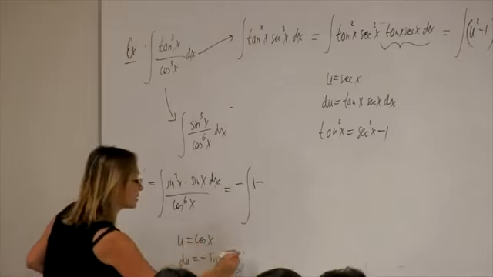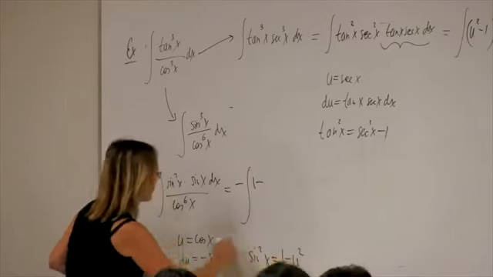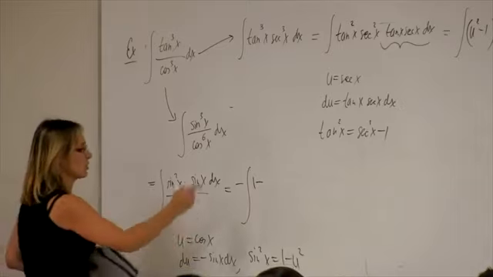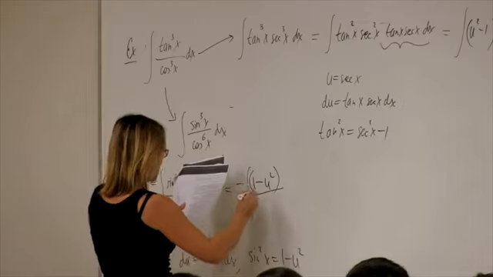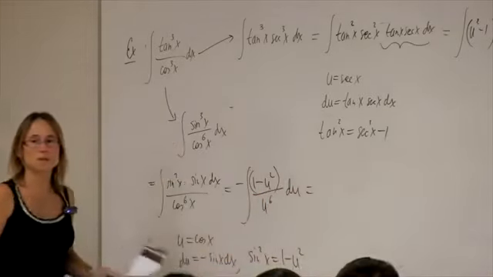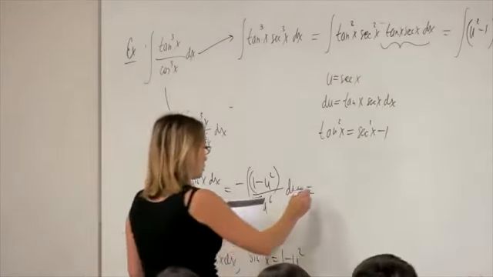I also write here that sine squared x is 1 minus u squared. I can express sine squared in terms of cosine squared. So what do I get? 1 minus u squared, over u to the 6, du. Is this easy? This is also easy because I can divide through and I get a power function.